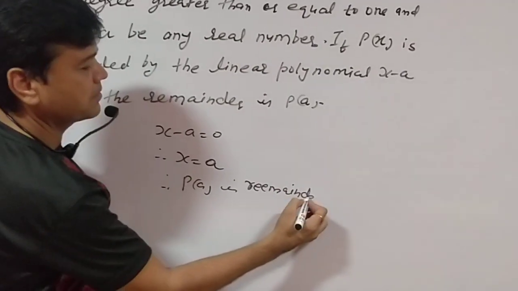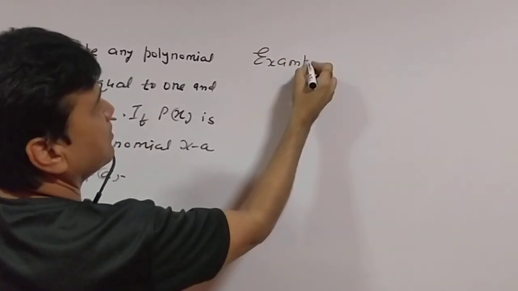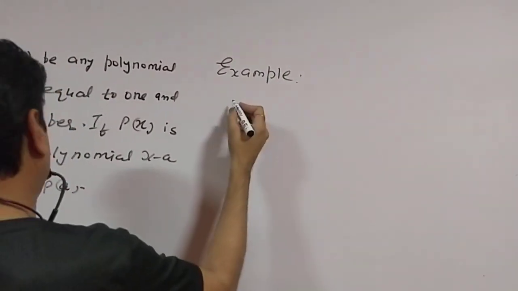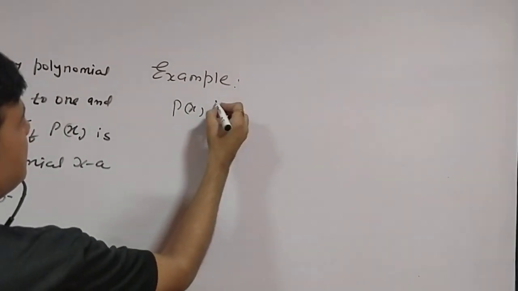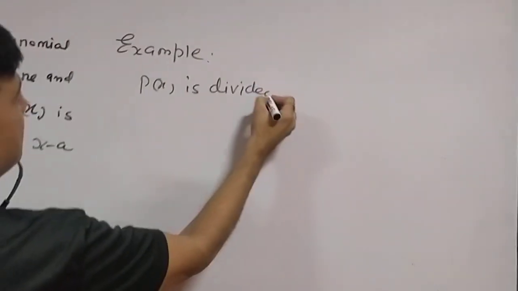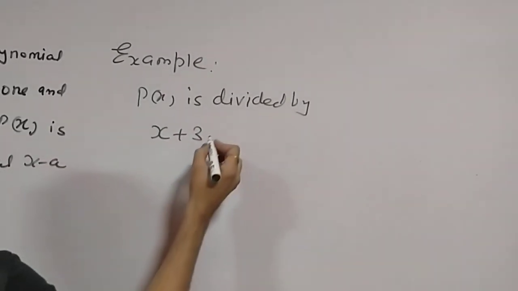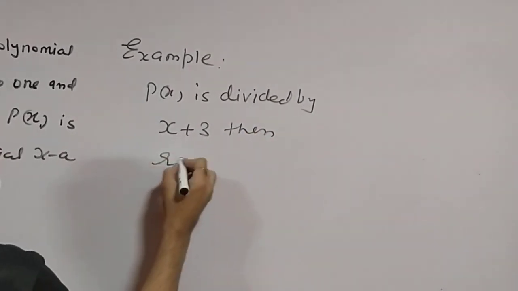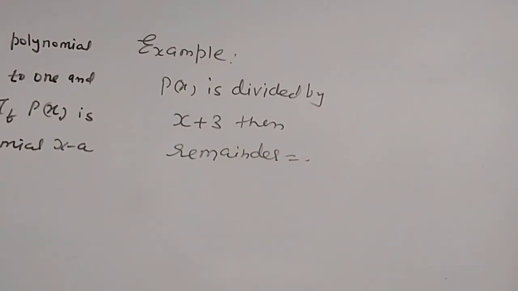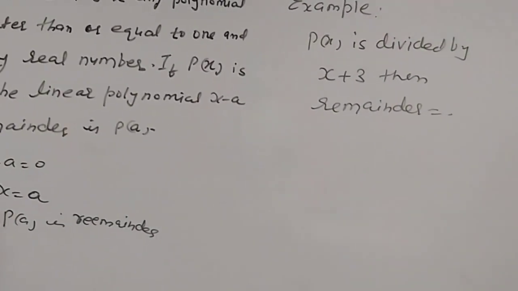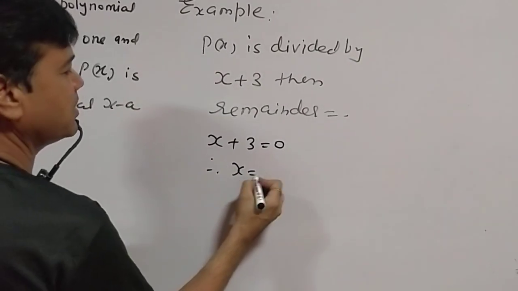Similarly, see an example. If a polynomial is divided by x plus 3, then what is the remainder? x plus 3 is 0, therefore x is equal to minus 3.